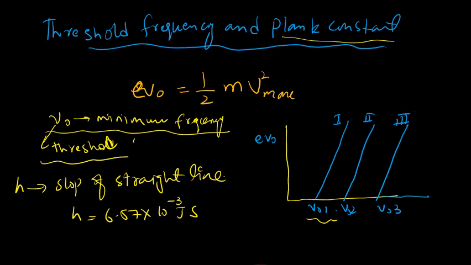So this tells us the value of the Planck constant, which equals the slope of the straight line.